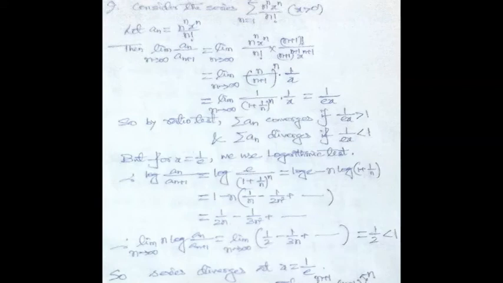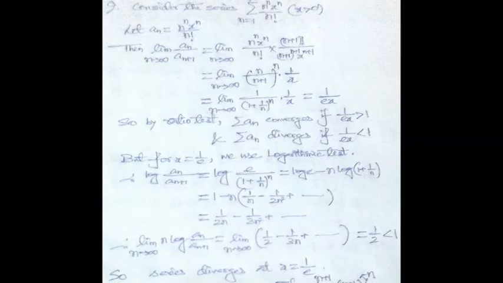So what is the logarithmic test? Firstly we will compute log of a_n by a_(n+1), that is log of e by (1 plus 1 by n)^n. So this is clearly log e minus n times log of 1 plus 1 by n.